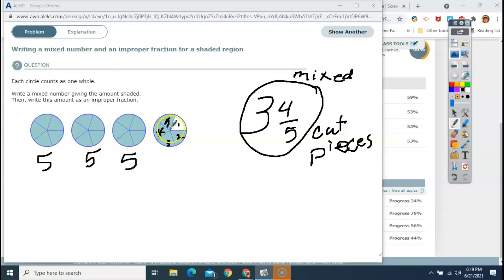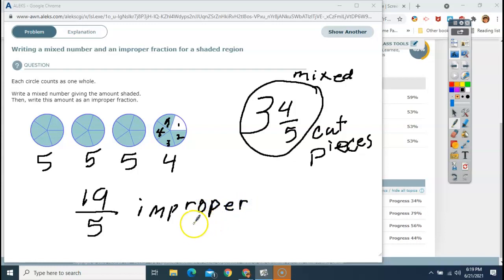All 5 are shaded, and then only 4 of these are shaded. So that is 5, 10, 15 plus 4 is 19. And then since everything is cut up into 5s, this is my improper fraction. You just got to remember that the way that it's cut is the number that goes on the bottom.